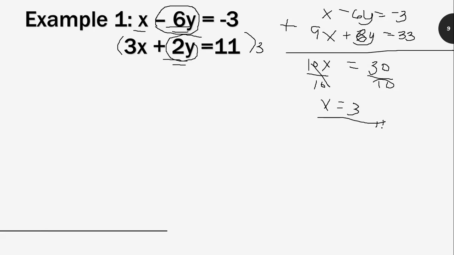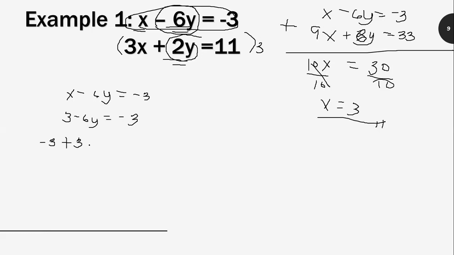To get the value of y, substitute po natin. So we use equation 1, yung hindi natin ginalaw. X minus 6y is equal to negative 3. Our x is 3 minus 6y is equal to negative 3. Para po xy lang matira dyan, mawala si 3, positive 3, opposite ni positive 3 is negative 3.